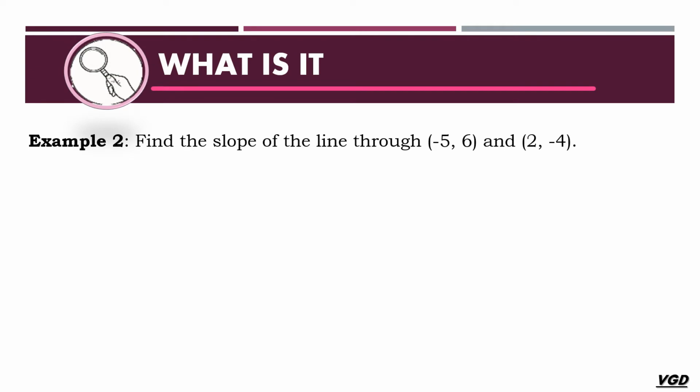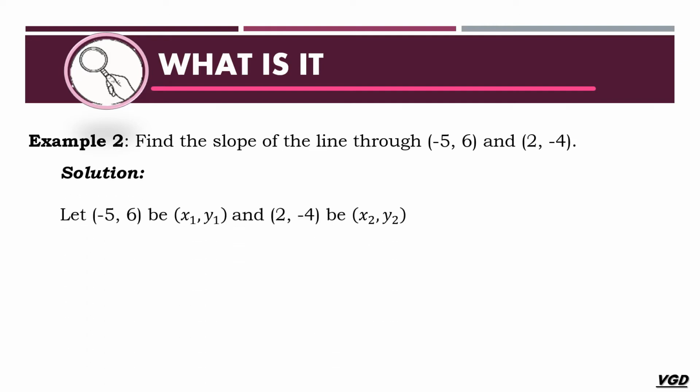Now let's have the second example in finding the slope of a line given 2 points. Find the slope of the line through the points -5, 6, and 2, -4. So let's represent. Let the ordered pair -5, 6 be x sub 1 and y sub 1, and the ordered pair 2 and -4 be x sub 2, y sub 2.